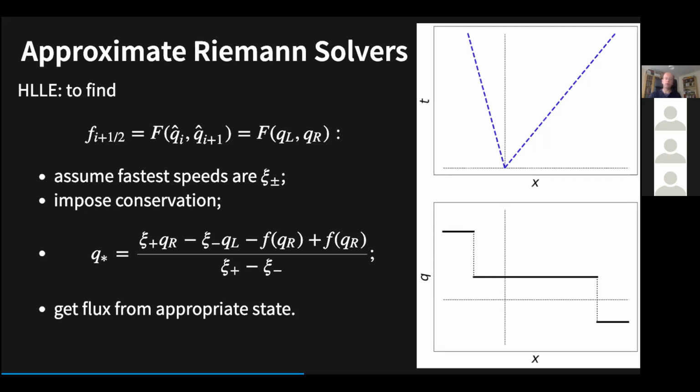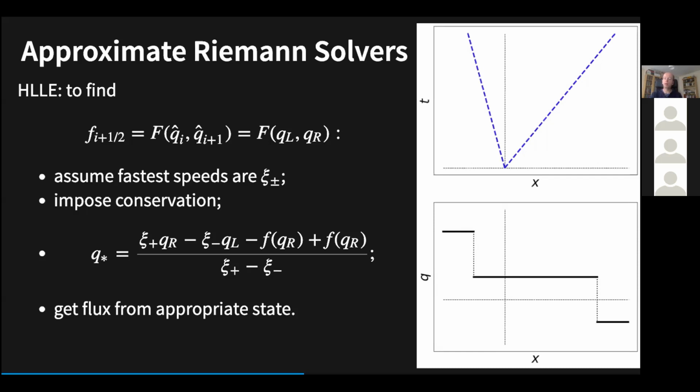So for large systems, this is obviously throwing away a lot of physics. We need to impose that psi minus is smaller than all characteristic speeds in the problem, and psi plus is larger than all characteristic speeds. So in the diagram in the top right, the imposed psi plus and psi minus are the only jumps that we're going to consider.